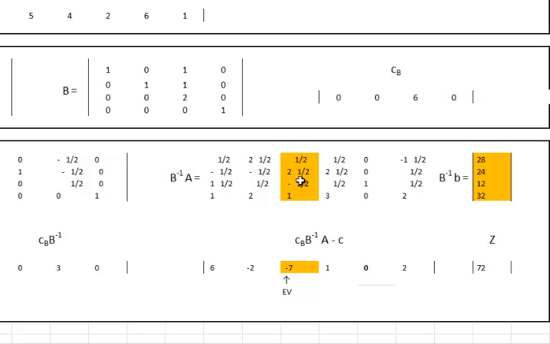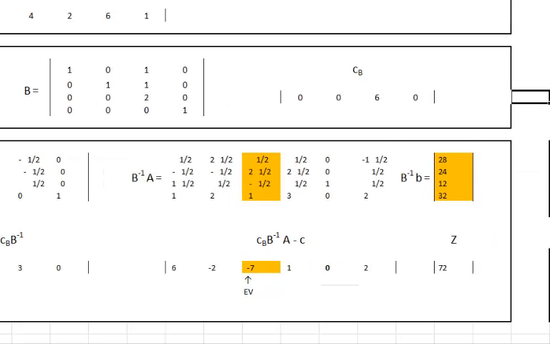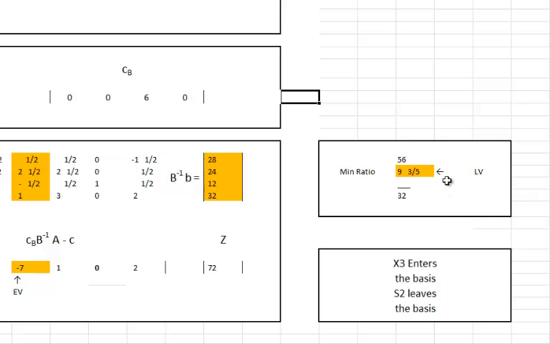Just because this one is negative, I'm not going to calculate this one, but for the first, second, and the fourth one, I will be calculating the min ratio. The min ratio in this case has been calculated. It belongs to second row, and second row is S2. So S2 is going to leave, and X3 is going to enter the basis.